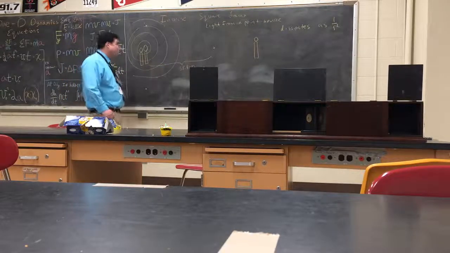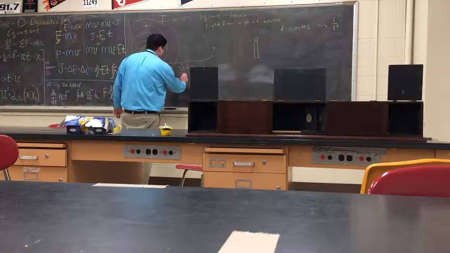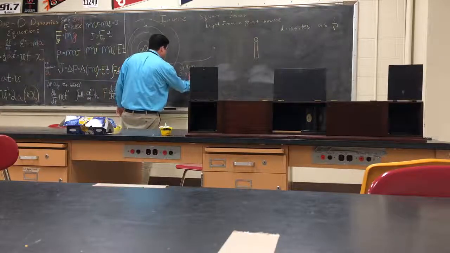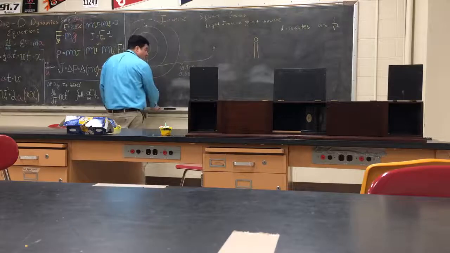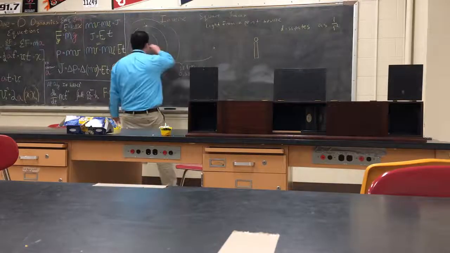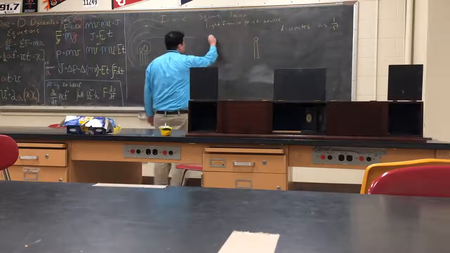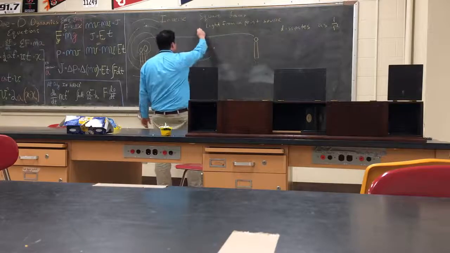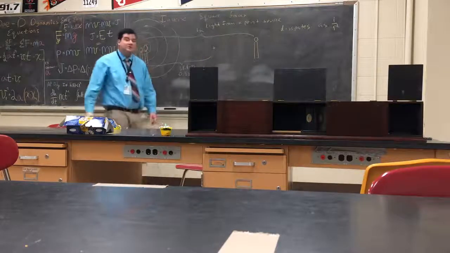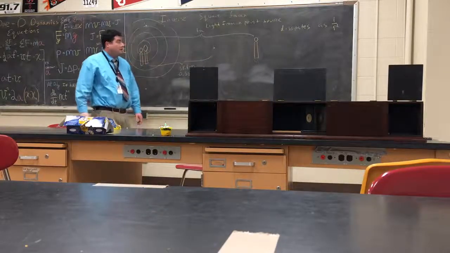The other thing we need is that this is actually 0.588 meters and that the entire distance was 1 meter. So let's predict where the spot should be, where our brightness should be equal.